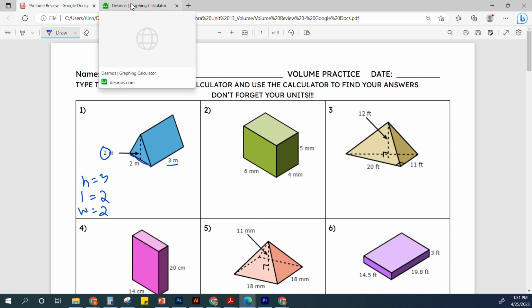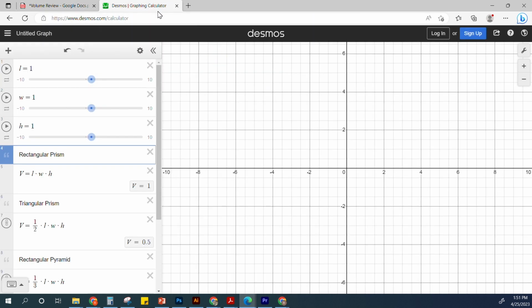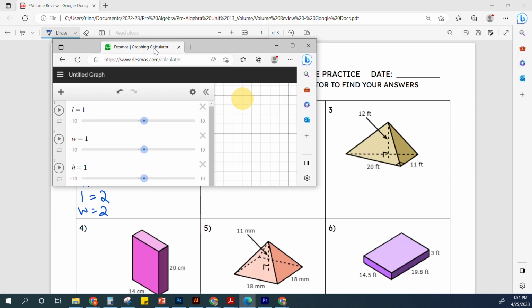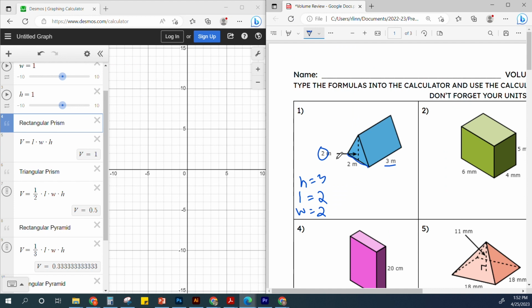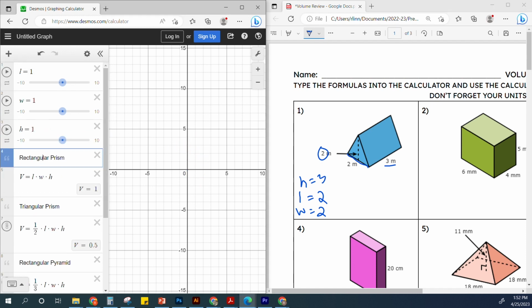So now we just need to go back to our Desmos graphing calculator, and if we want to make it a little bit easier, we can even drag that calculator, which will give us the opportunity to have both windows up at once. So here I have a height of 3, so I'm going to go ahead and change my height to 3. My width is 2, and my length is 2.